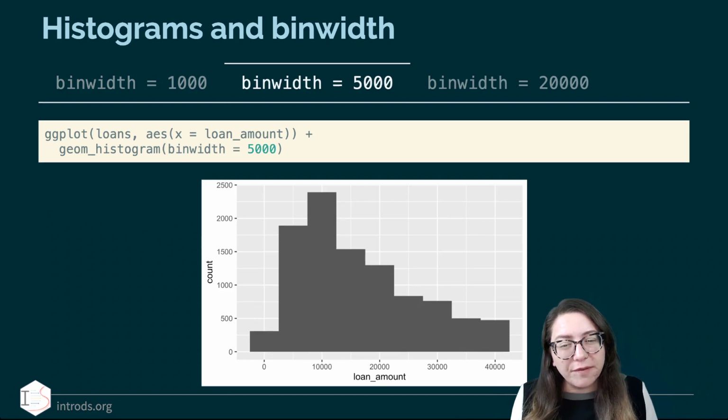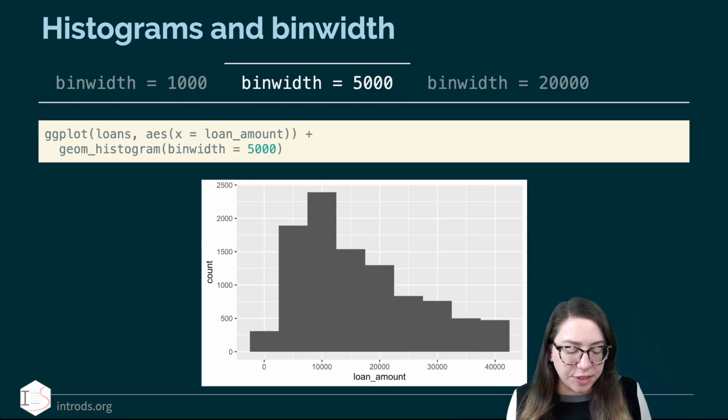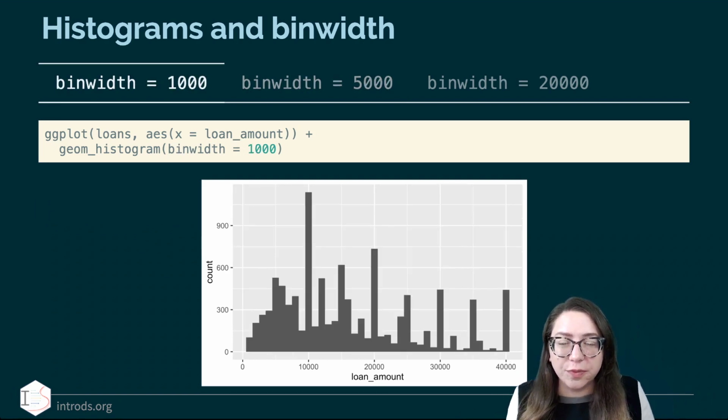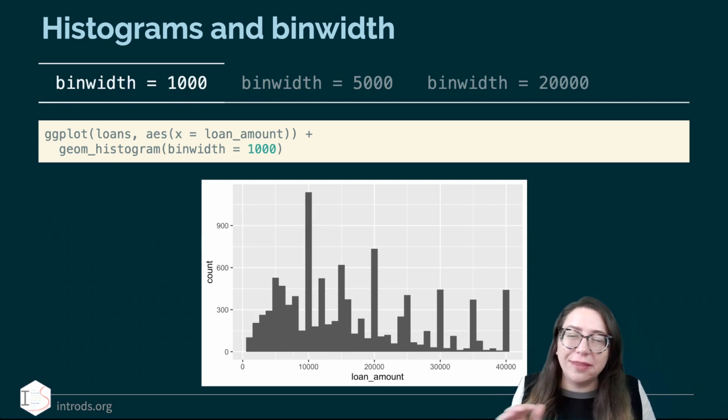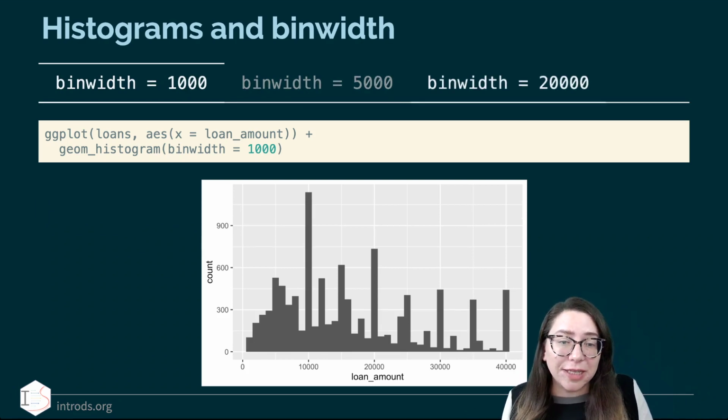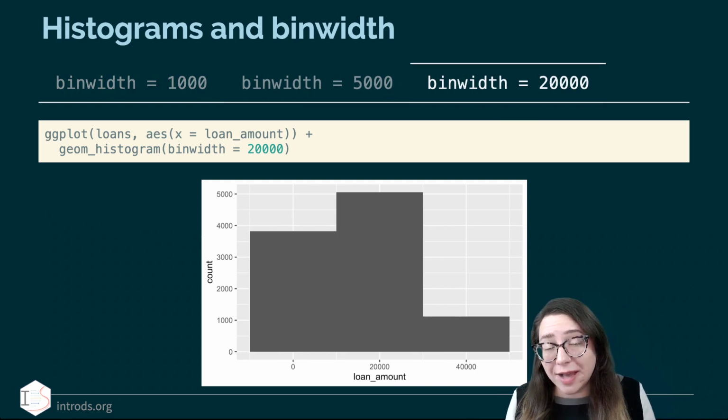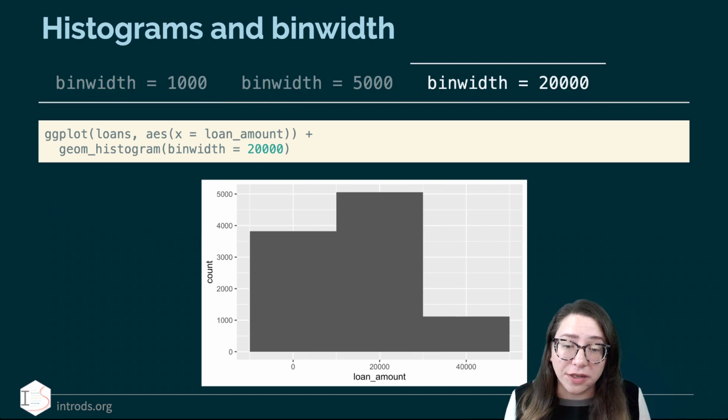So here I have a better sense of the shape of the distribution, while in the first one, everything was so jagged that it would have been hard for me to tell whether the distribution of loans is right skewed or left skewed or symmetric. And in the last plot, I've used a bin width of 20,000. So I've organized the loans into ranges of $20,000, and now I've really lost anything interesting about the shape of my distribution.